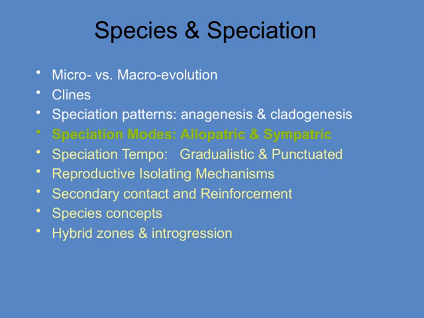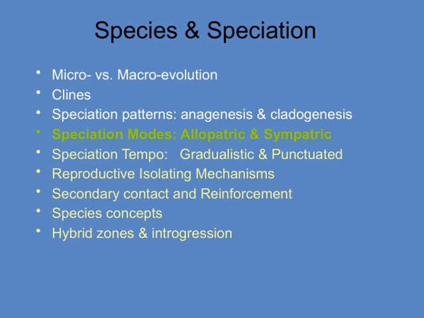Speaking of speciation, there are different patterns, such as anagenesis and cladogenesis. Anagenesis involves a single species gradually transforming into a new form, while cladogenesis is when one species splits into two or more distinct species, creating a branching pattern. When it comes to modes of speciation, allopatric speciation occurs when populations are geographically isolated, leading to divergence.